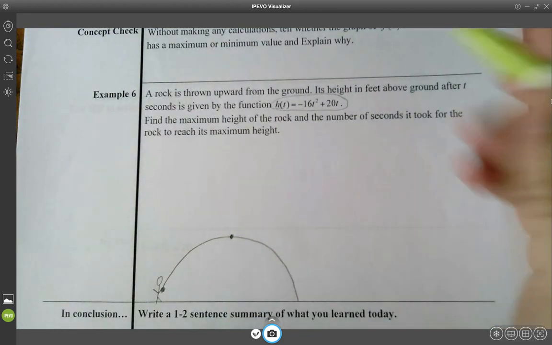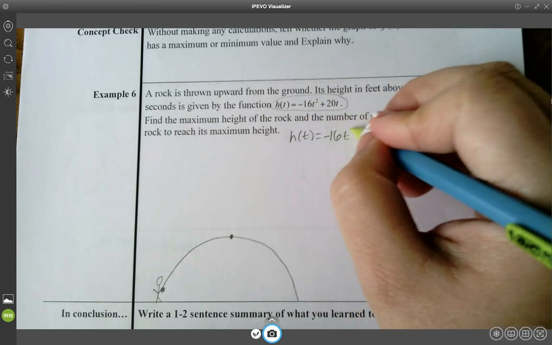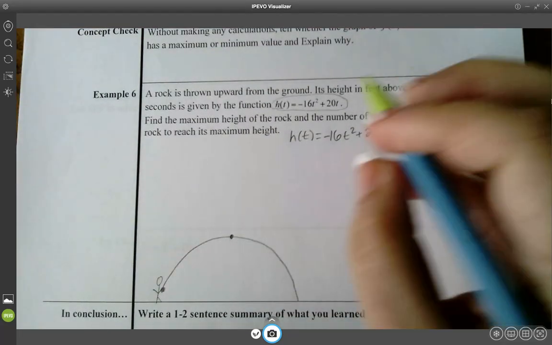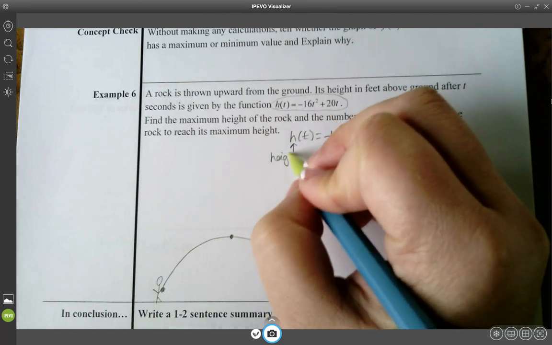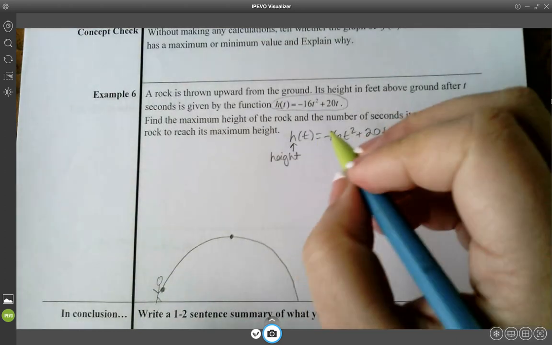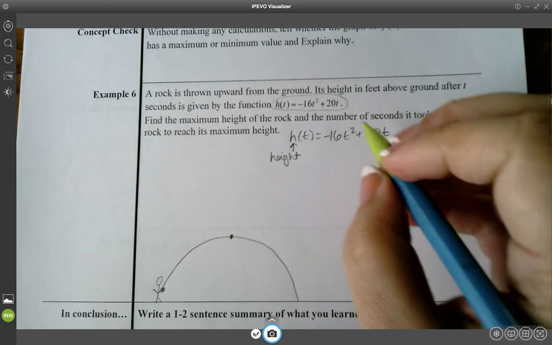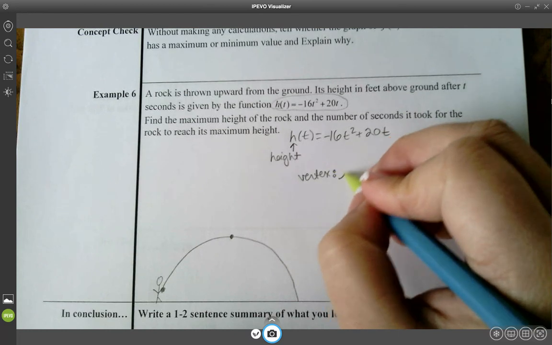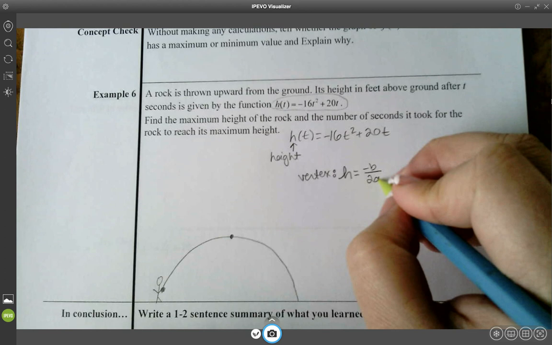Well, in order to find the vertex, we take h of t equals negative 16t squared plus 20t, okay? And this is not the vertex h, this is height. So h of t here represents not h from the vertex, but h for height, okay? So make sure you keep those two h's separate. So to find the vertex h, we use the vertex formula, negative b over 2a.